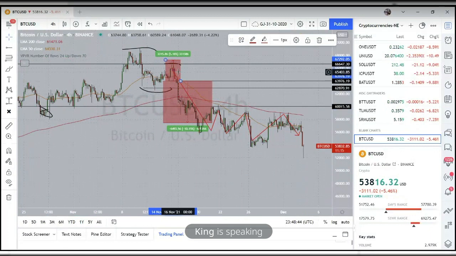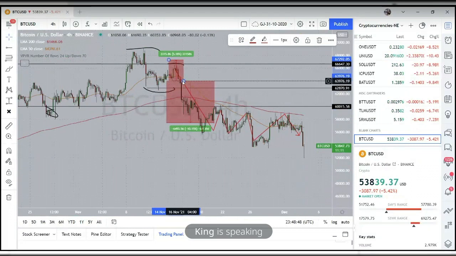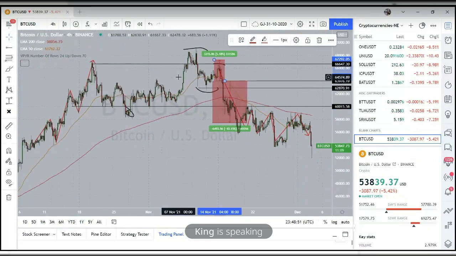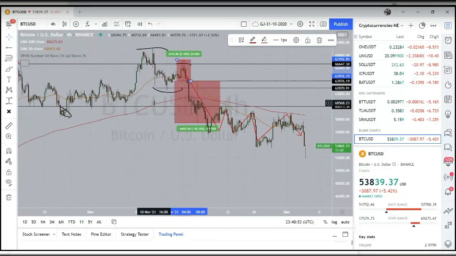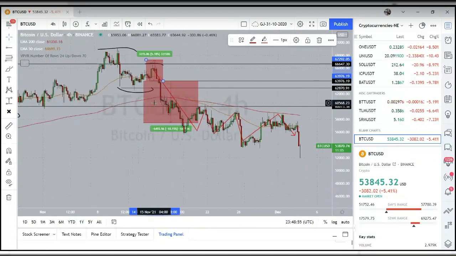Okay. So yeah, but I do tend to first trade like Bitcoin, Ethereum, BNB, XRP, XLM, Solana, ADA.